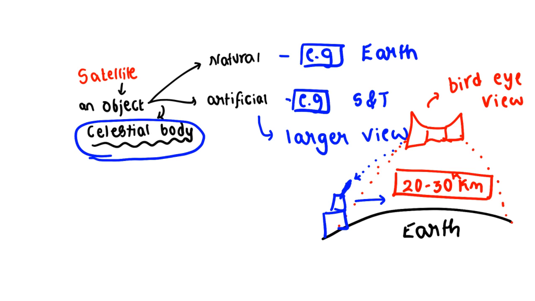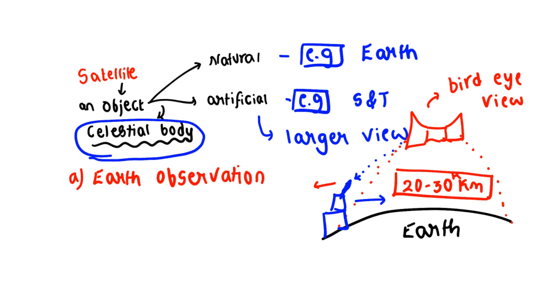So are you getting the importance of artificial satellites? They take the larger views and cover the whole thing. Here we have Earth observation satellites, which observe the Earth.